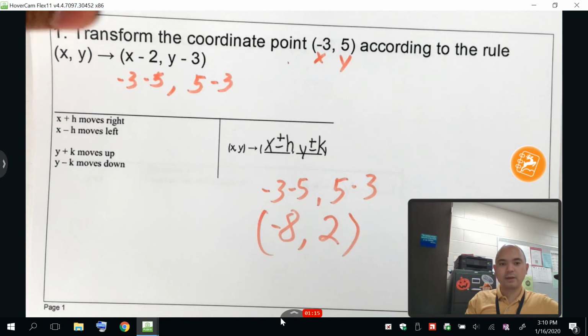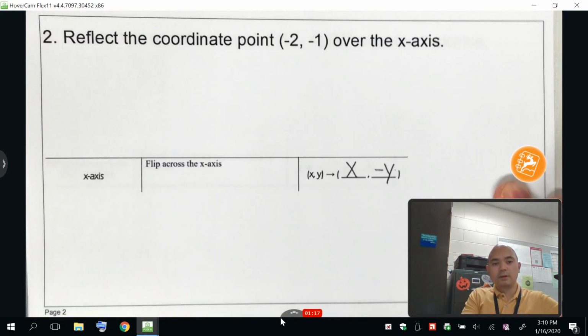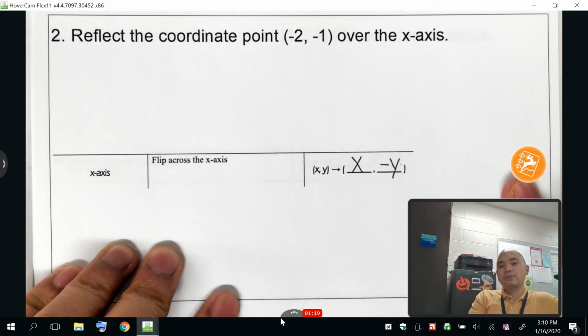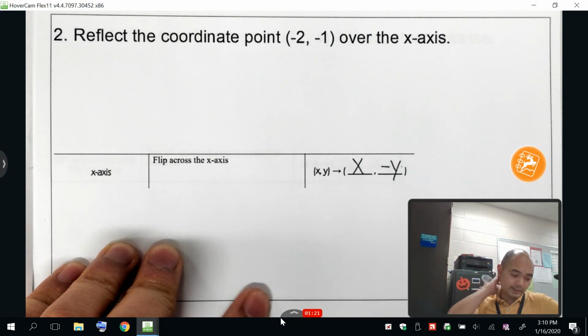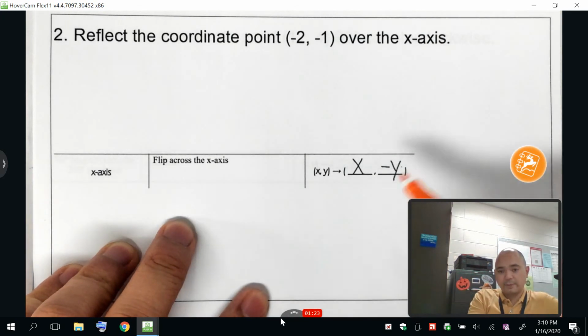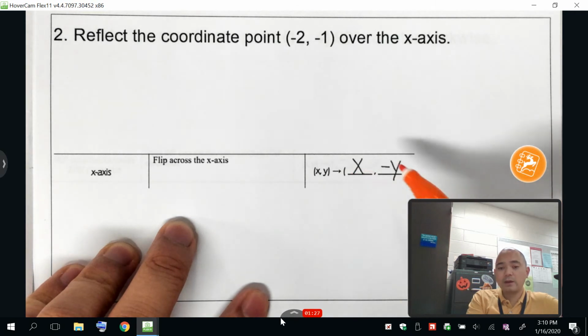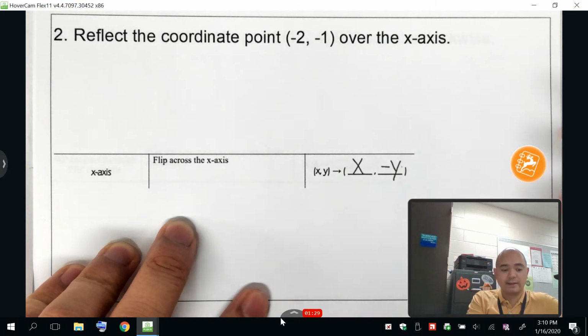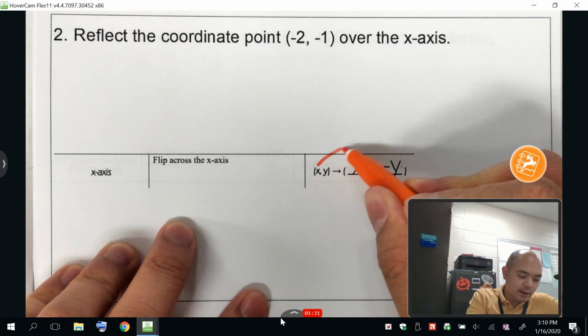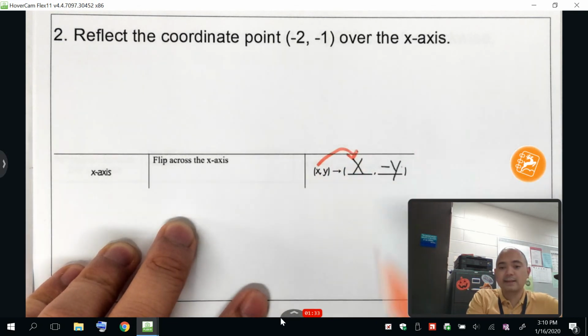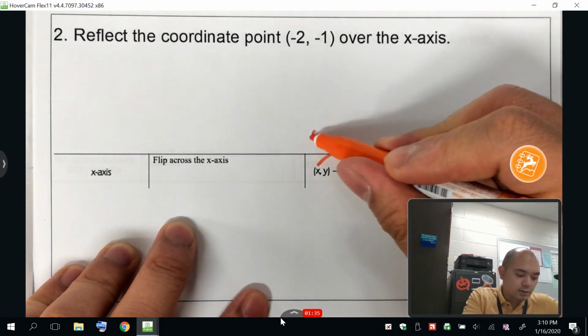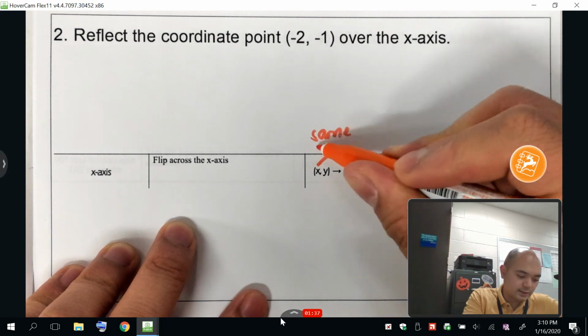Alright. Next up, reflect the coordinate point (-2, -1) over the y-axis. So this is where most get tripped up, understanding what happens with the x and the y when we switch them, when we change the signs. So over here, x going from here to here has the same sign, so we're going to keep the sign.